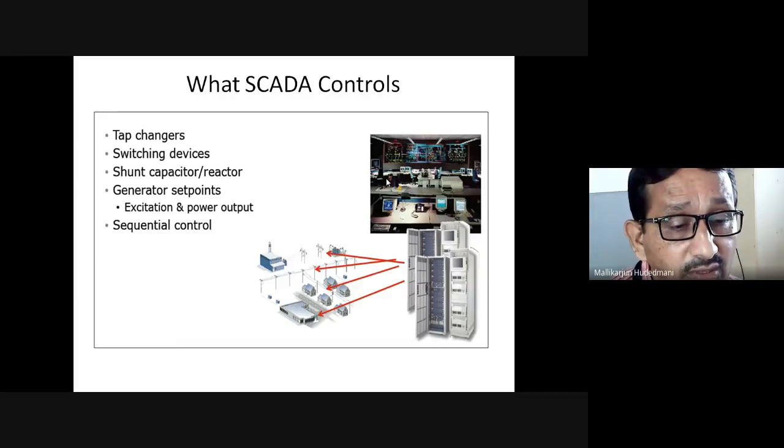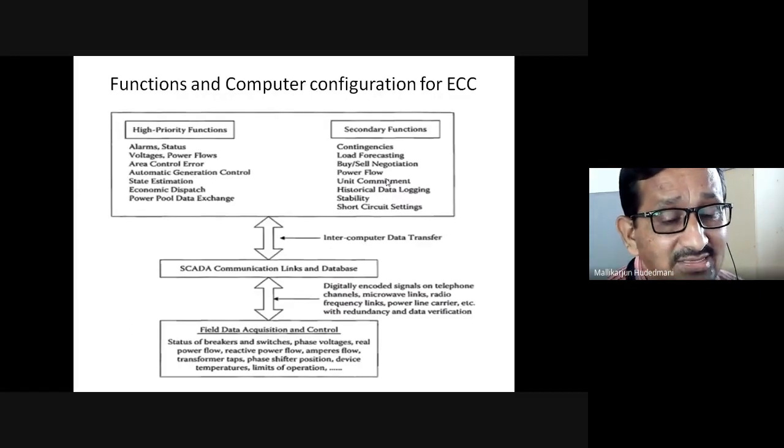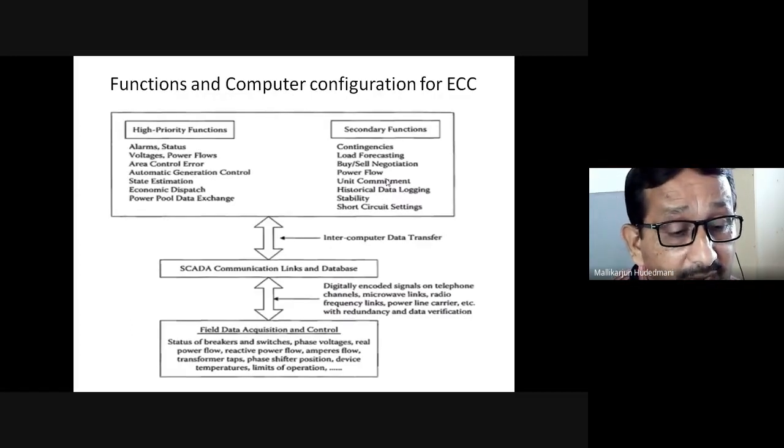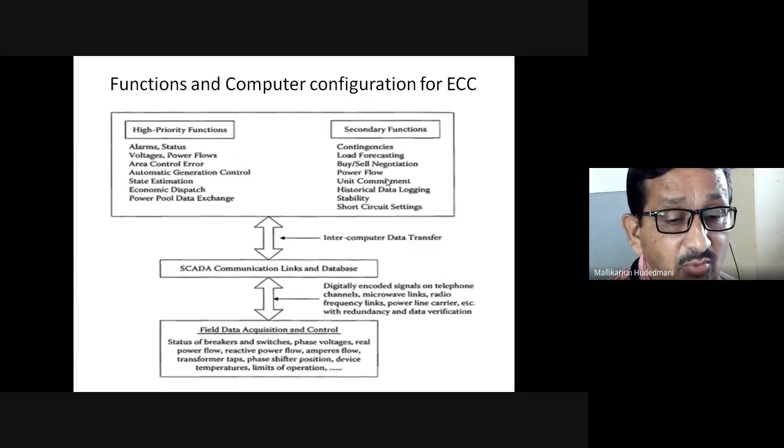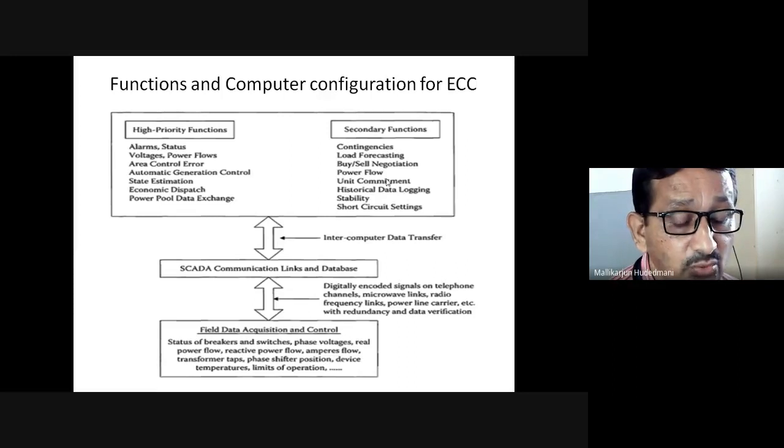Similarly, when I go down the line, how exactly does a simple one table in that energy control center work? I was highlighting earlier that several computers are hierarchically positioned, master and slave in operation, connected to one another.